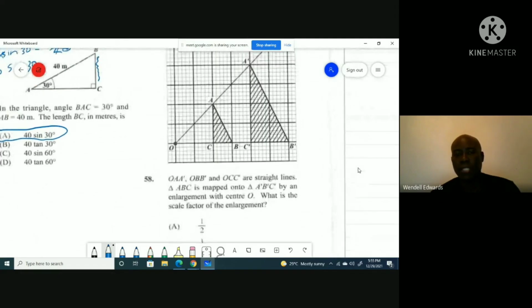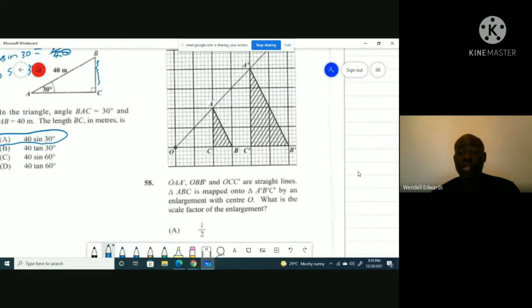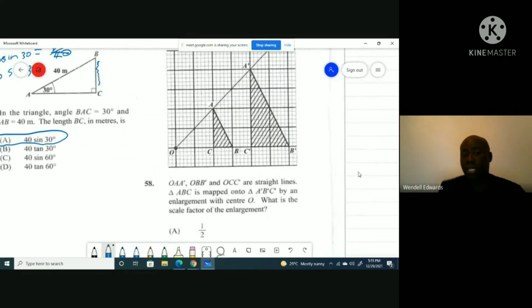If I'm going to go for the scale factor of the enlargement, there are a number of things that I could focus on, but I'm just going to pick one thing and go. We could focus on any corresponding idea, right? But in this case, I'm going to focus on the corresponding sides CB, corresponding to C prime, B prime. As you could see, CB was enlarged to C prime, B prime. How many units am I looking at here? 1. I'm looking at 1 unit here. And how many units am I looking at here? 2.